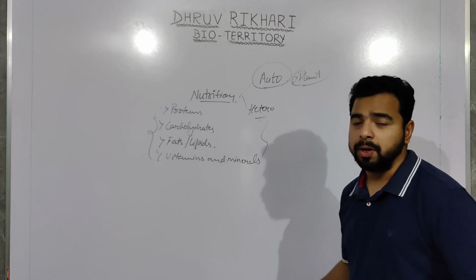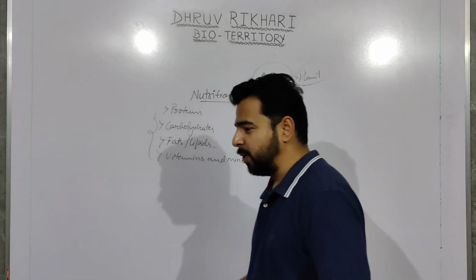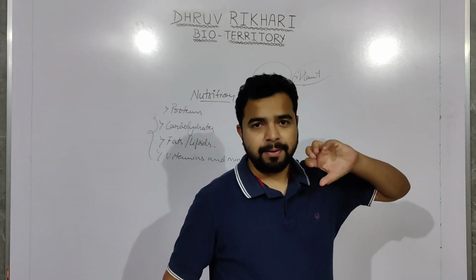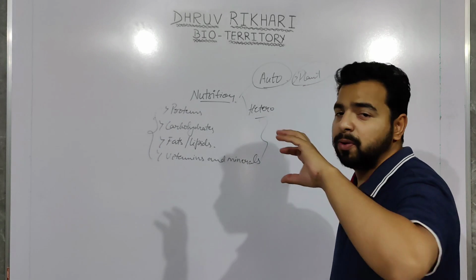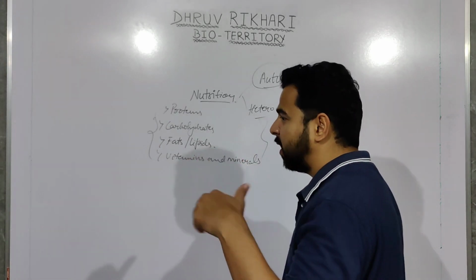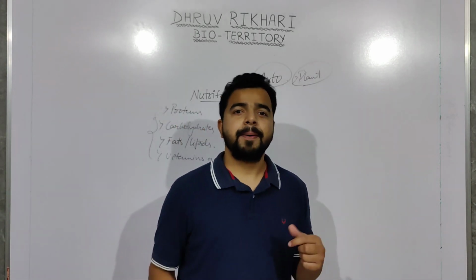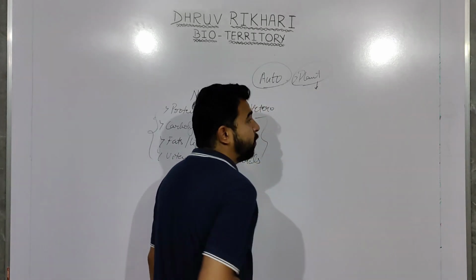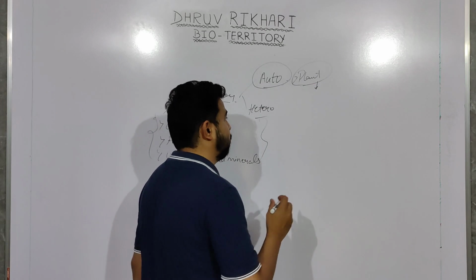Now, when we are talking about plants, which are primary producers of food, what they are actually doing is taking inorganic sources from the environment, and they are converting them into organic molecules. For example, in case of plants, we know that glucose molecules are formed.